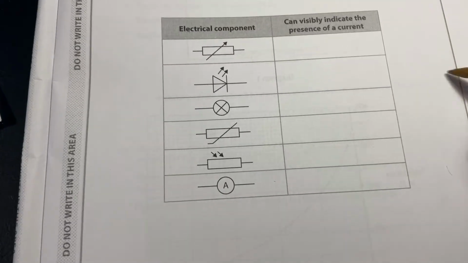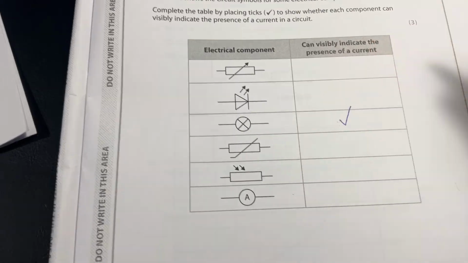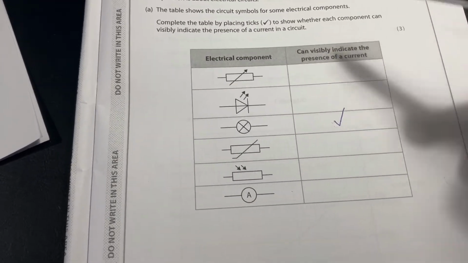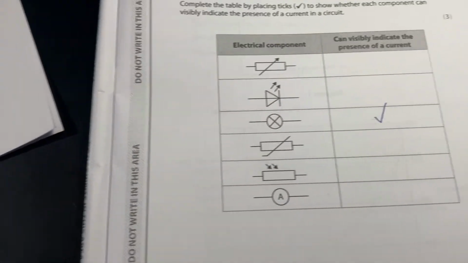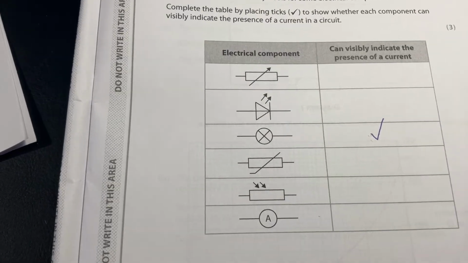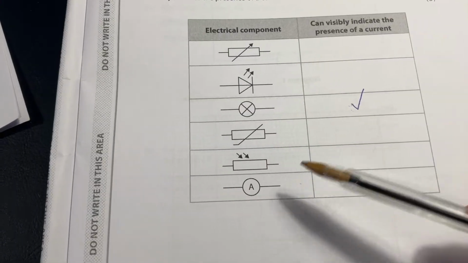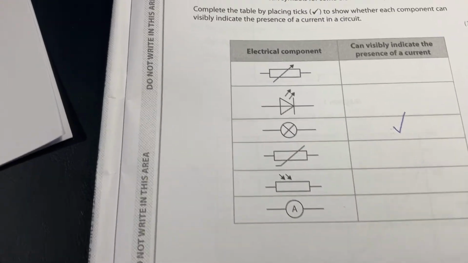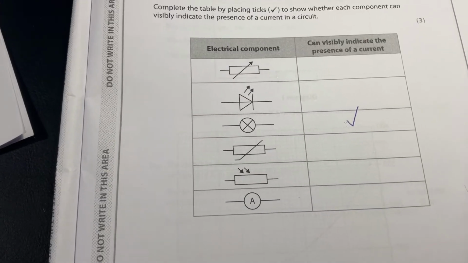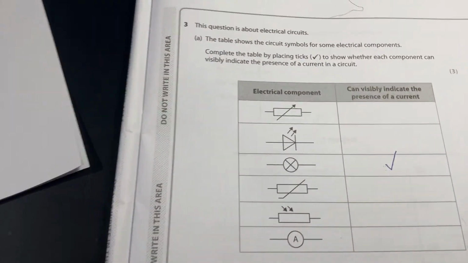So this is probably one that indicates the presence of a current, because why not, I guess. I also know this is an ammeter because of the A thing, but I'm not sure if it indicates whether a current is present though.